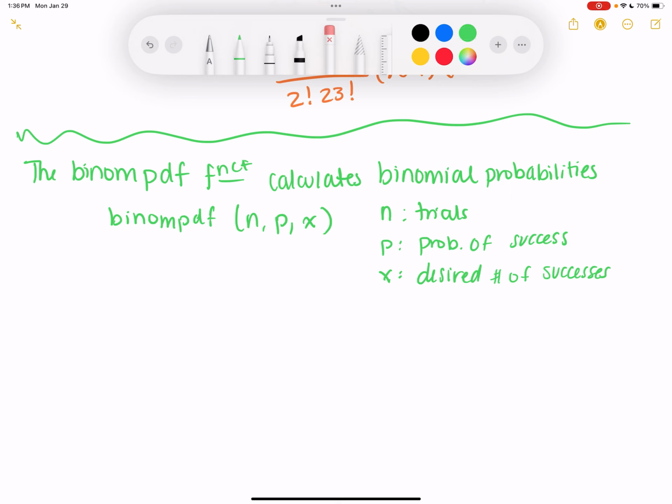All right. So this is for an individual outcome, meaning exactly X successes.